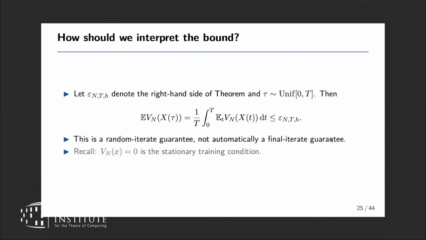So what we get from this result is that at any random time you can bound the expected Vn, which is exactly equal to this integration, the error that we dealt with. So you can say when this quantity will be less than epsilon, right? So it's a random iterate guarantee, not a final iterate guarantee, right?